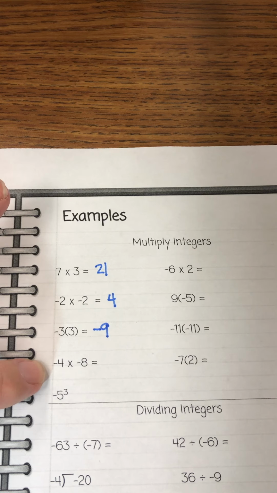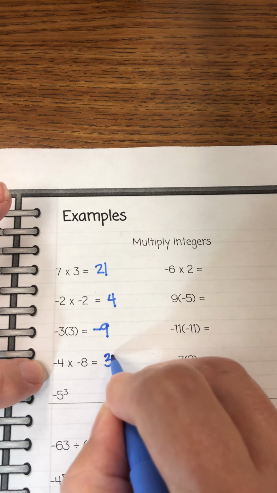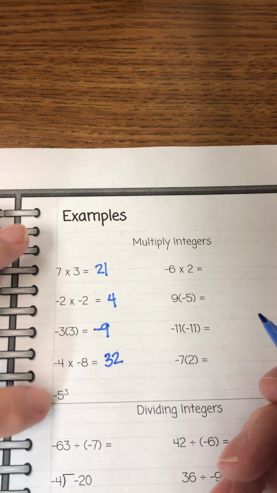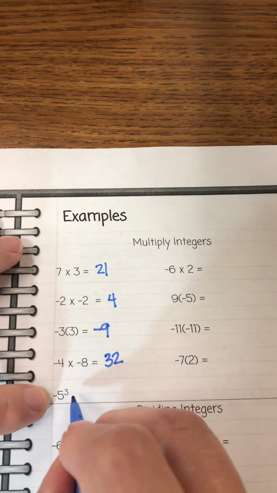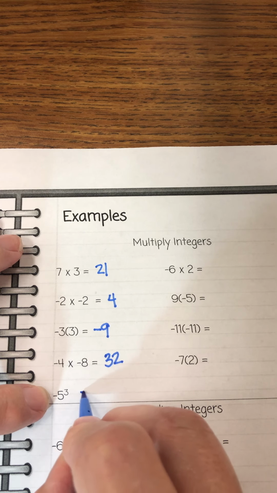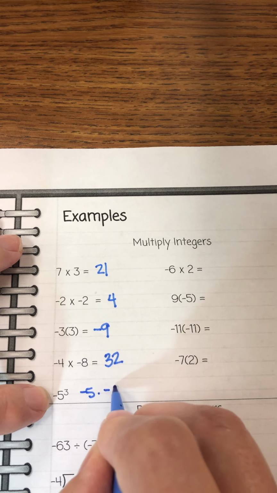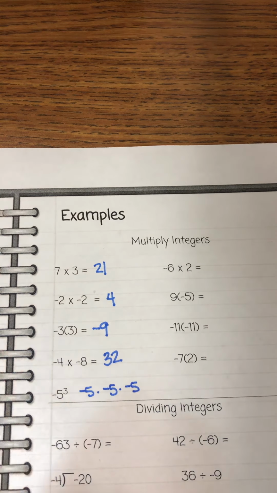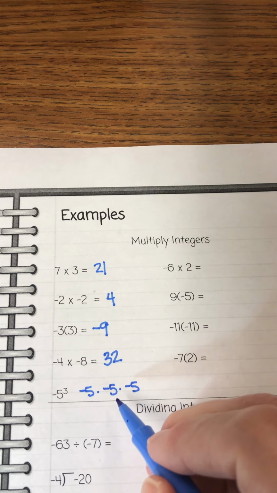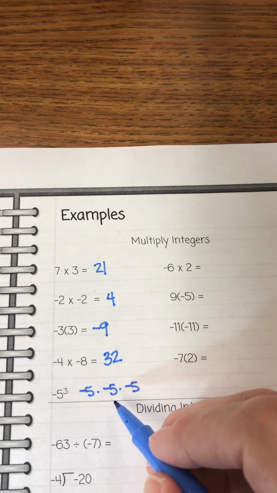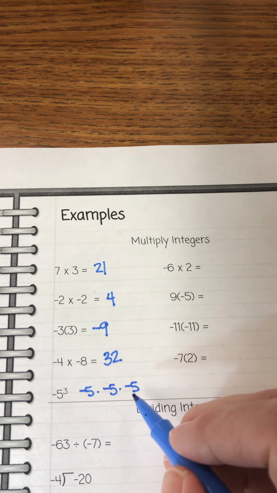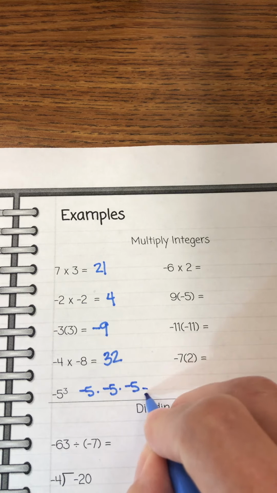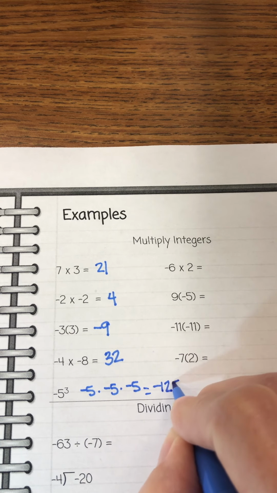Negative 4 times negative 8, positive 32. Now remember, this is a little tricky. So this is negative 5 times negative 5 times negative 5. So negative 5 times negative 5 is 25.